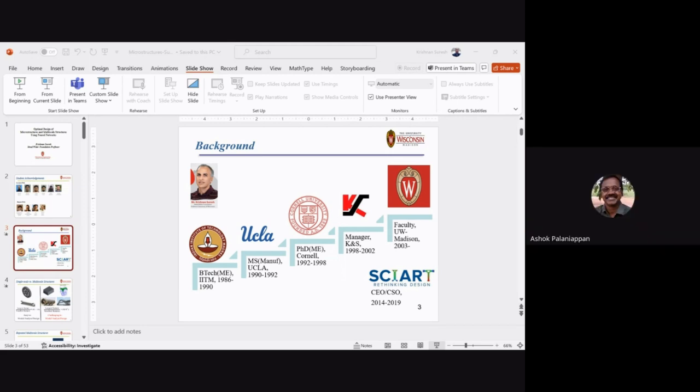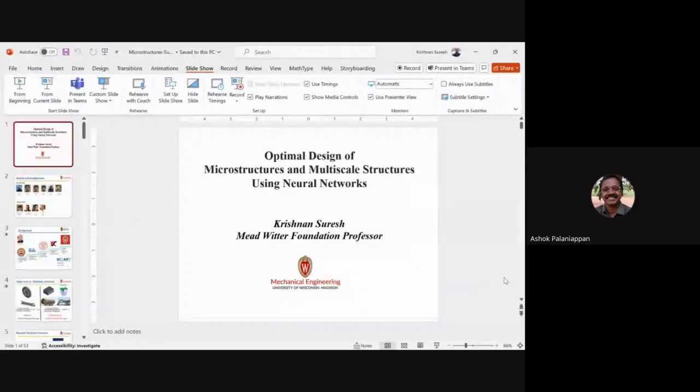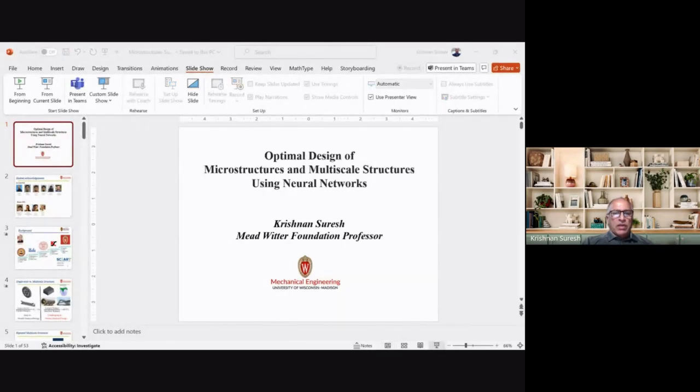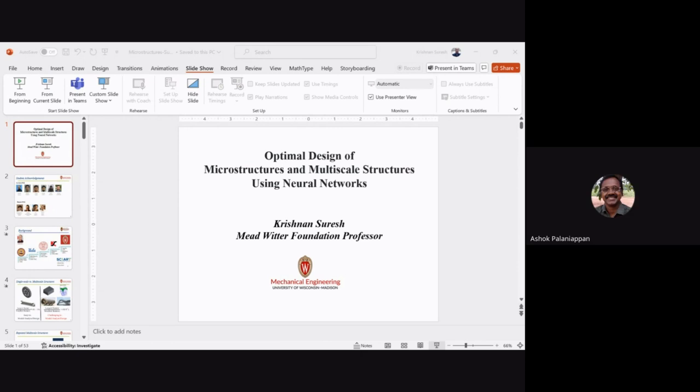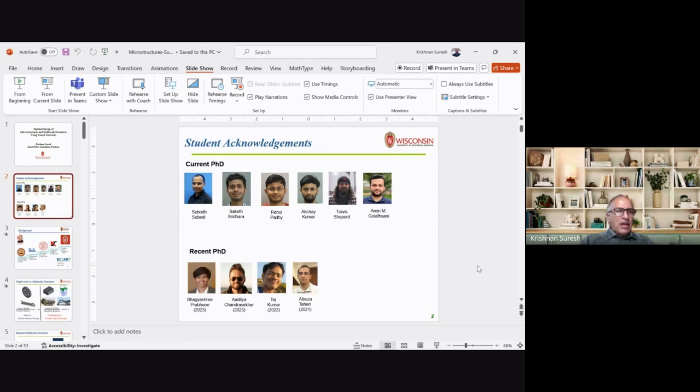Does it show? No. I'm going to try sharing a full window, then the entire screen. The entire screen is not working. If I share a window, I'm sure it shows up now, right? Yes. But if I go to full screen, it stops? Yes. I don't know what's going on.